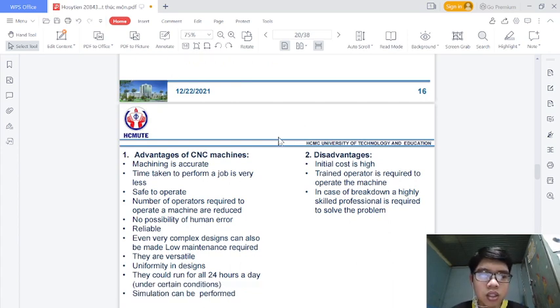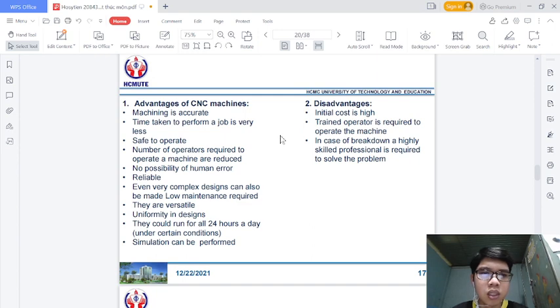Advantages of CNC machining: it is accurate, the time taken to perform a job is very less, and it is safe to operate. The number of operators required to operate a machine is reduced. No possibility of human error. Reliable.